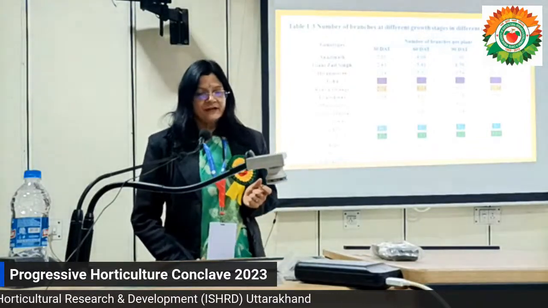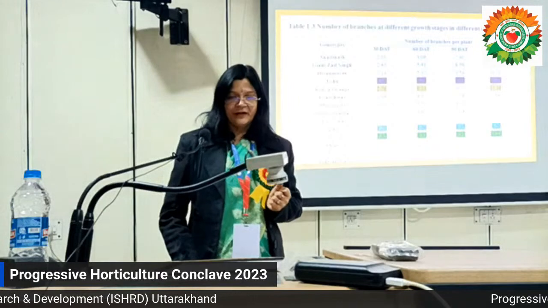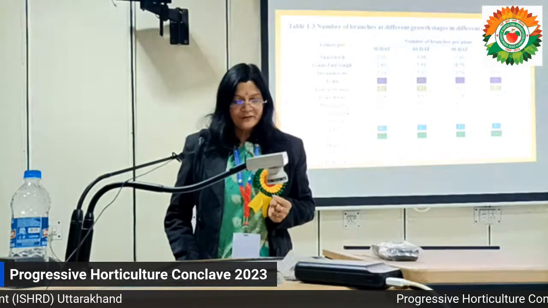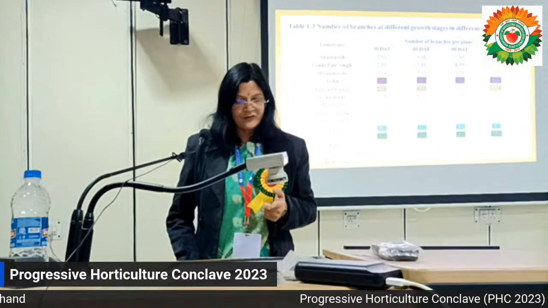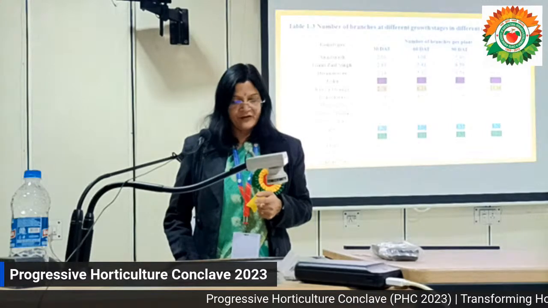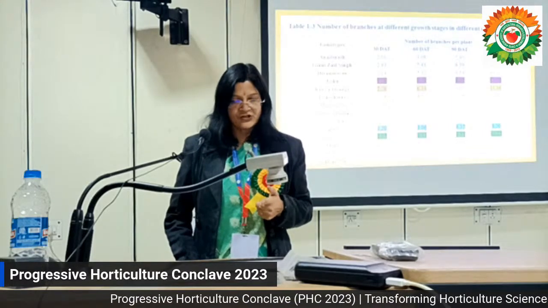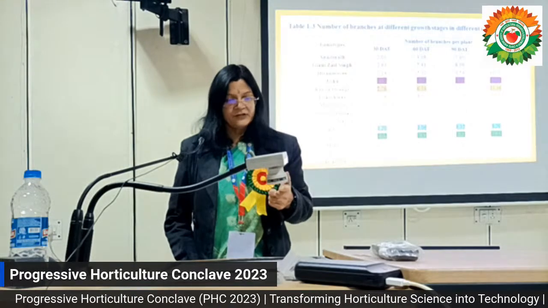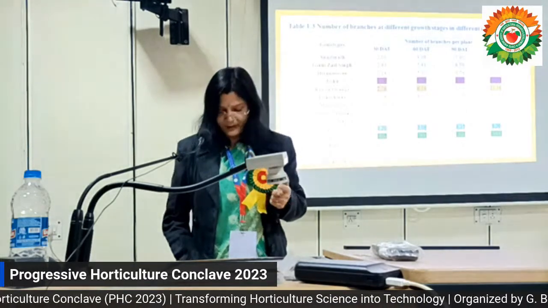Number of branches at different growth stages in different Dahelia genotypes: it is observed that the maximum was found in tangent, 2.85, and the least in Sachin, but Jishu and Kenya orange were at par.